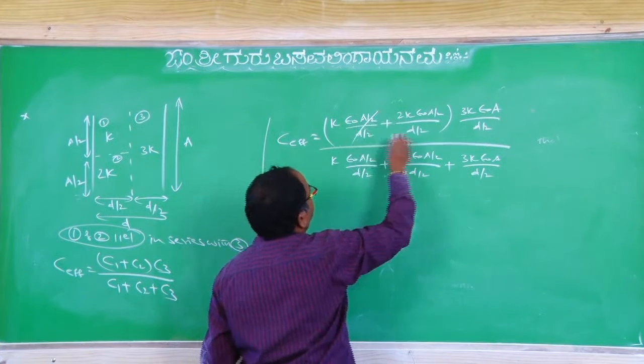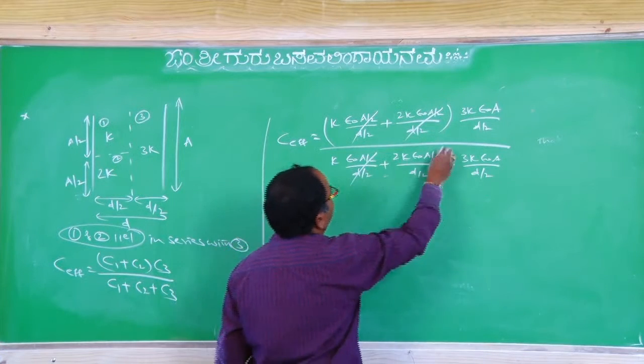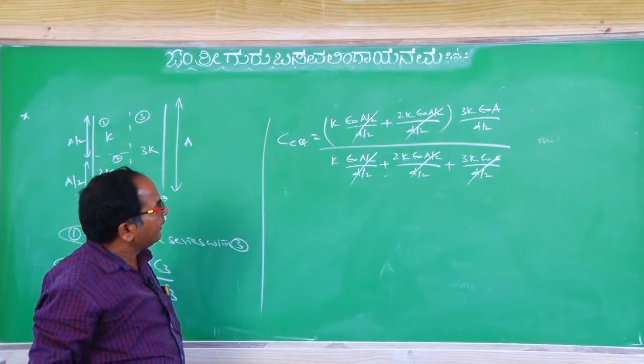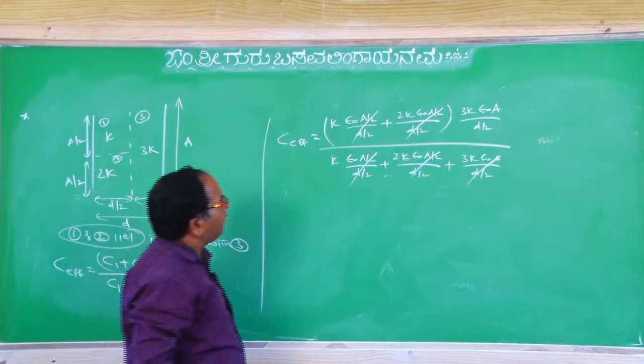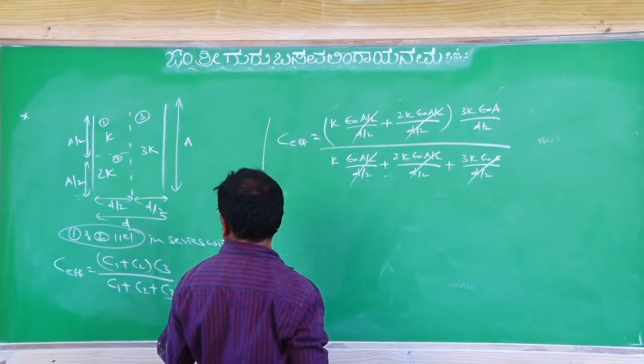Epsilon naught A by 2 by D by 2 cancel. Okay. Next, what is this one? You want to find the dielectric constant, or?